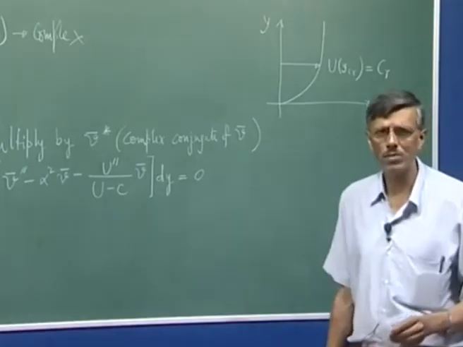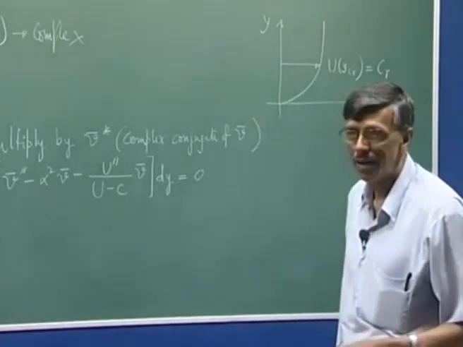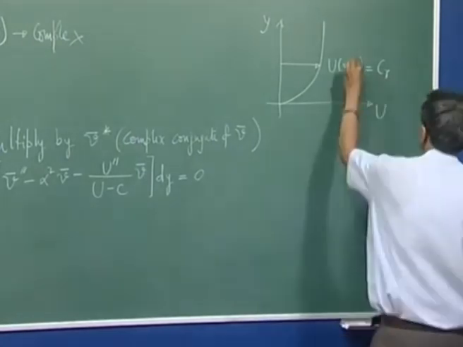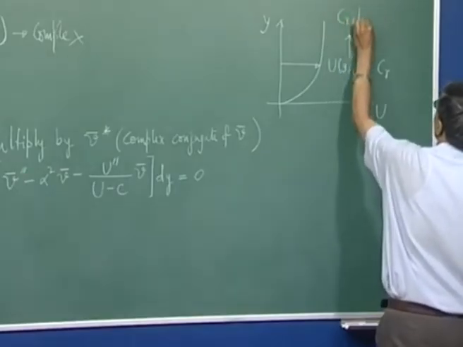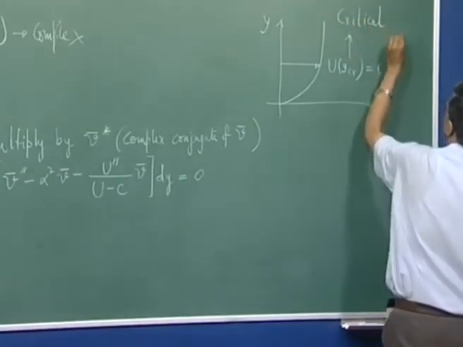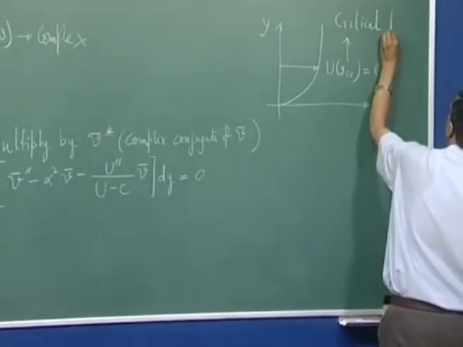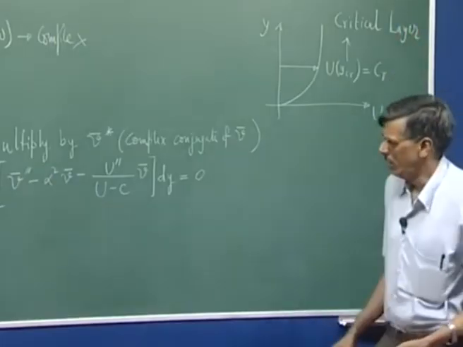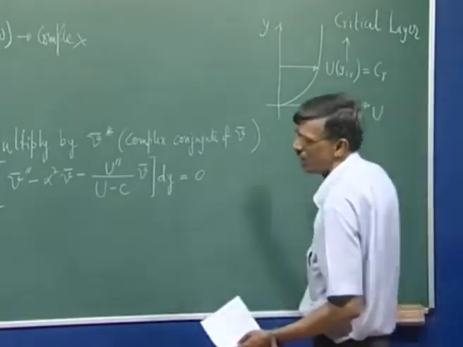So, what happens is basically I will call that the critical height. y_cr is the critical height at which u minus c_r equals 0.